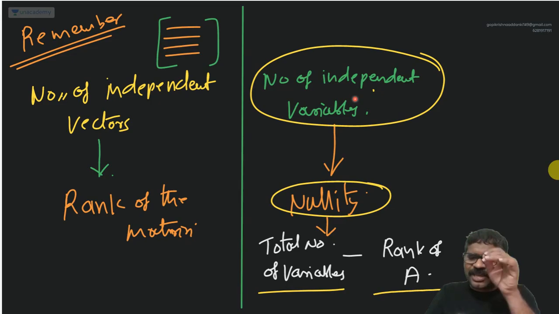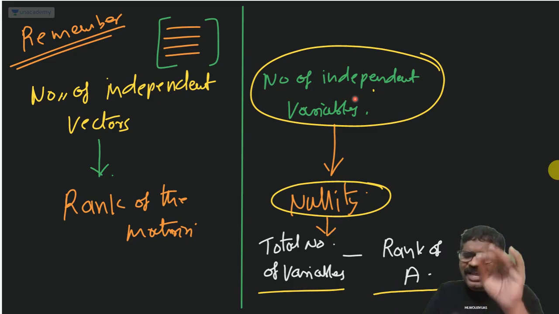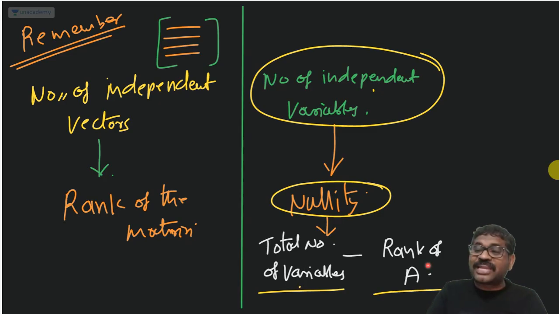If you fix the concept, you never get confused. Very simple. Nullity, or number of independent solutions, or number of independent variables, or dimension of null space, is nothing but total number of variables minus rank of A.